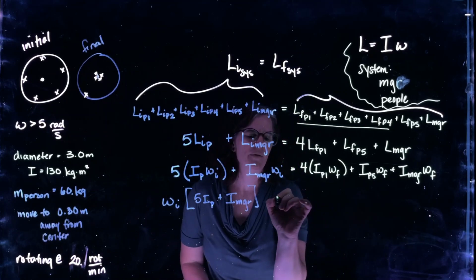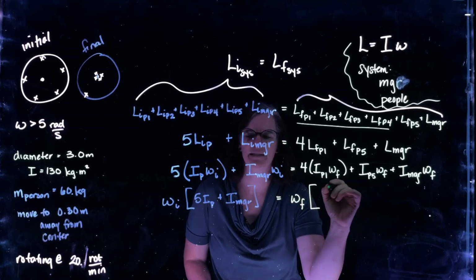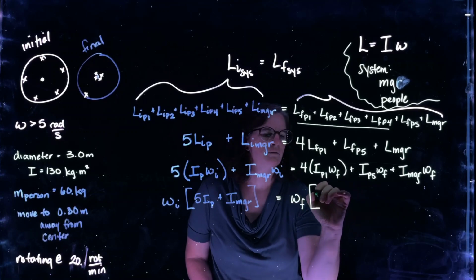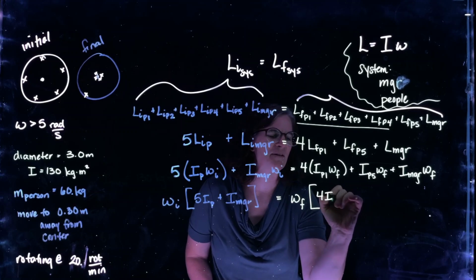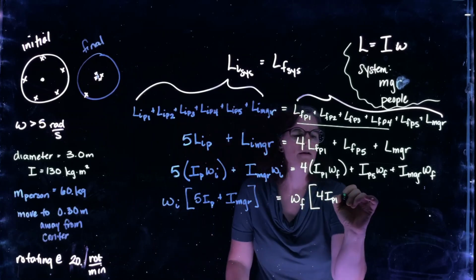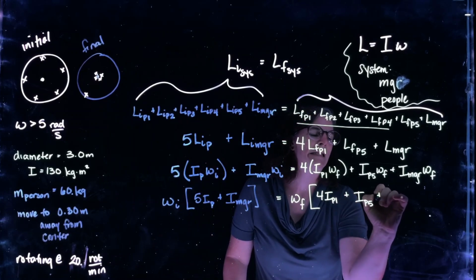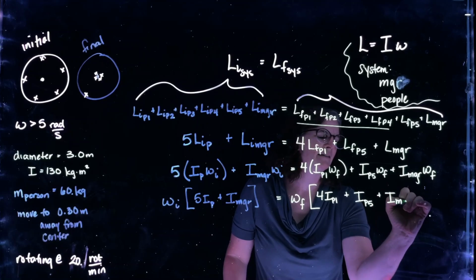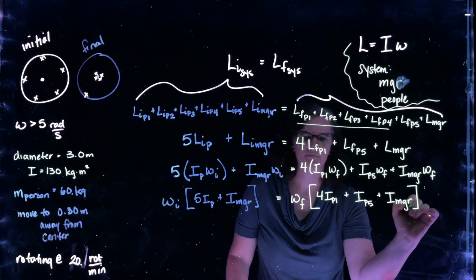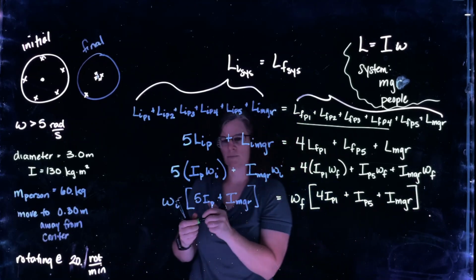That's going to equal our final angular speed times 4 times the moment of inertia of person 1 in the middle there, plus the moment of inertia of person 5, plus the moment of inertia of the merry-go-round. So I just did a little algebra, pulled out my angular speeds.